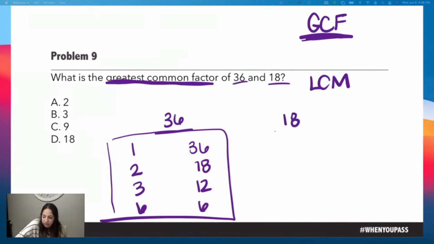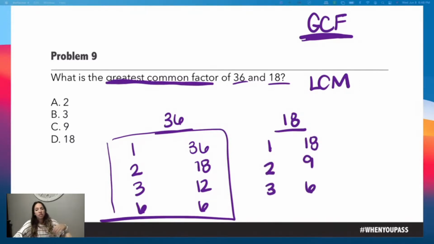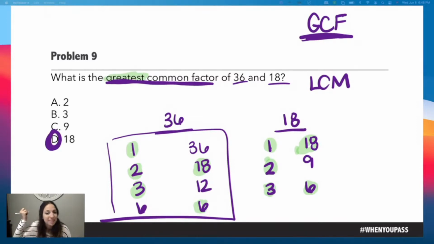Factors of 18 are 1 times 18, 2 times 9, and 3 times 6. So if we look at the things that are common, they share 1, they share 2, they share 3, they share 6, and they share 18. Which one is the biggest? Because they're looking for the greatest. The biggest is 18, the end.